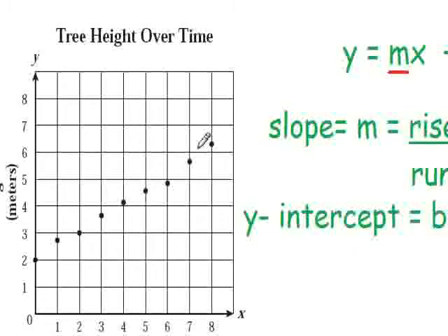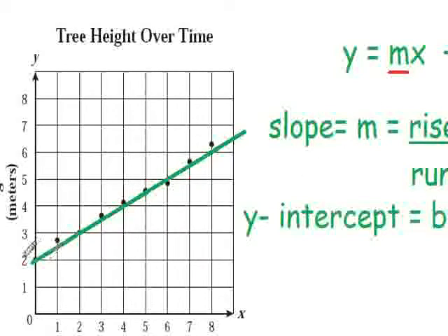So a line of best fit is a line that approximates or fits all these points as best as it possibly can. And if I draw a line from here, I think right about here would cover the most points.